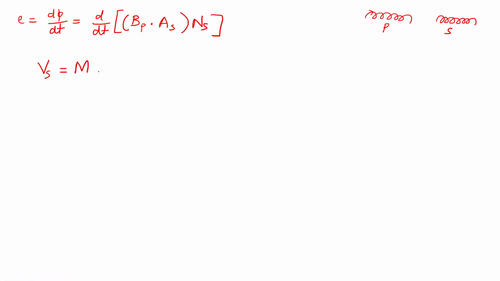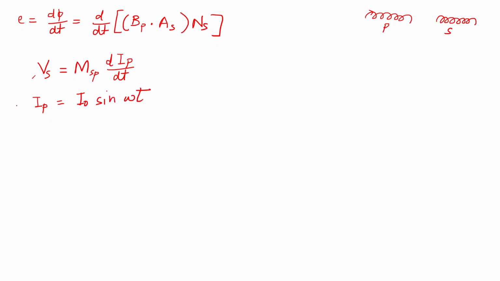So the EMF induced in the secondary coil will be this mutual inductance constant times the rate of change of the current flowing in the primary coil. If the current that is flowing is an AC current, then we can write it in sinusoidal form.